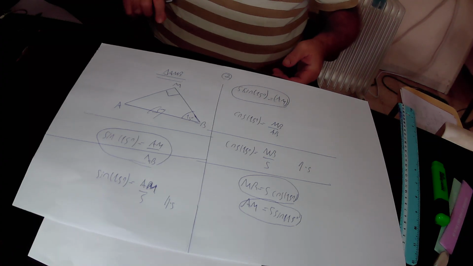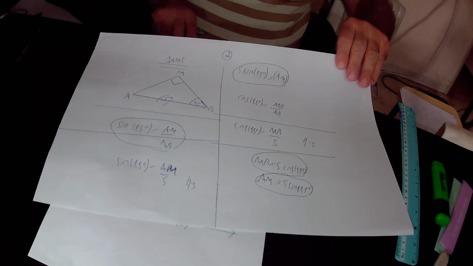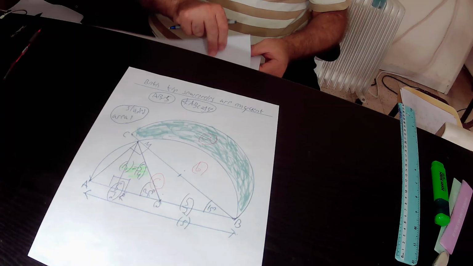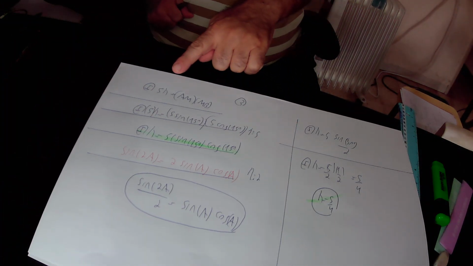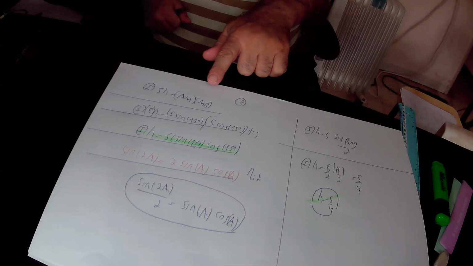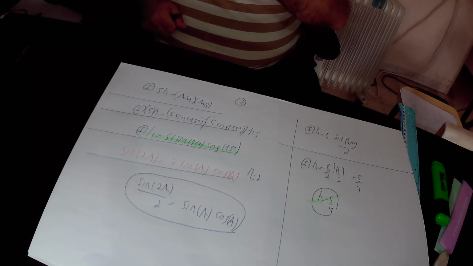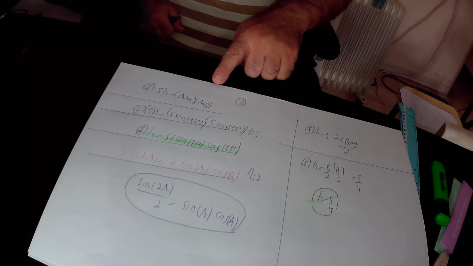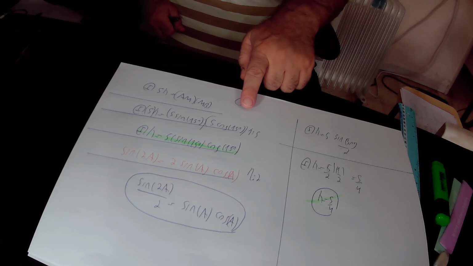According to equation 1, we already found that 5H equals AM times MB. But we just found that AM equals 5 times sine 15 degrees and MB equals 5 times cosine 15 degrees.